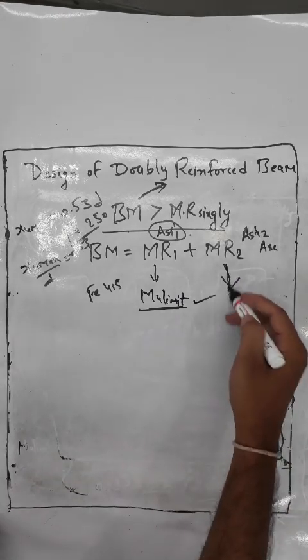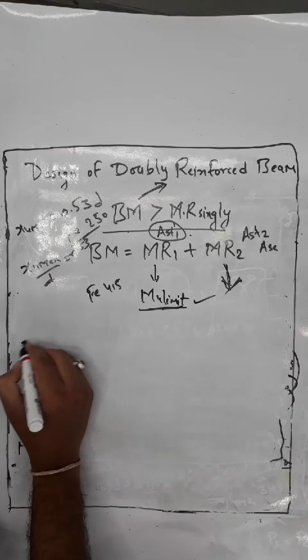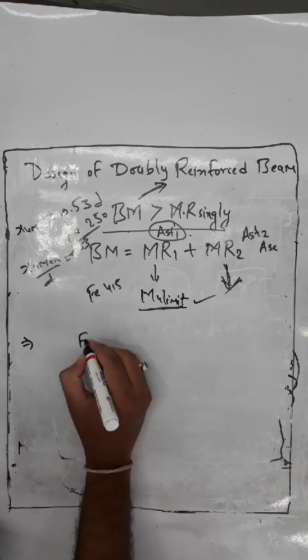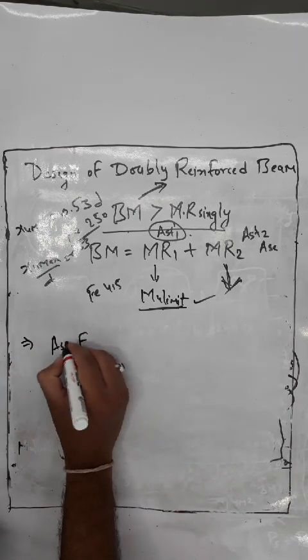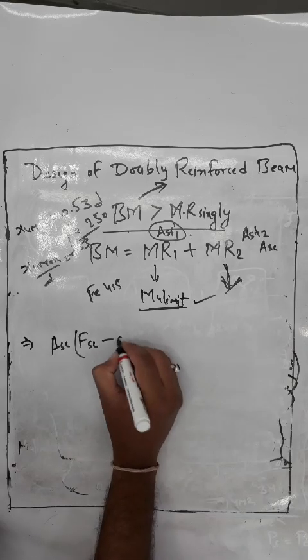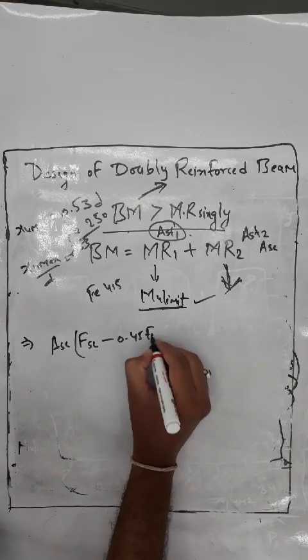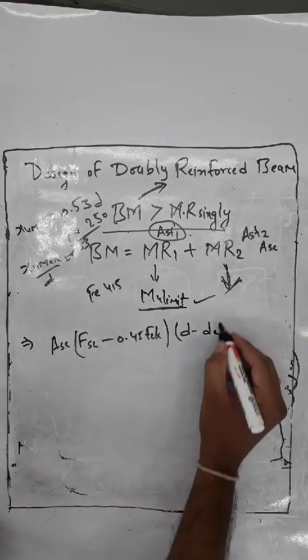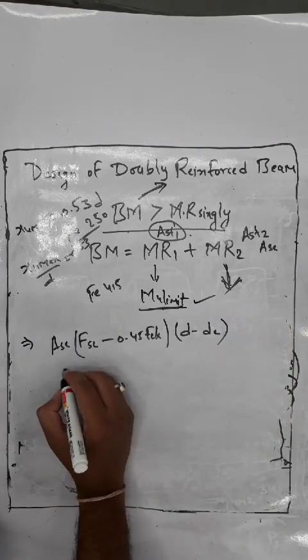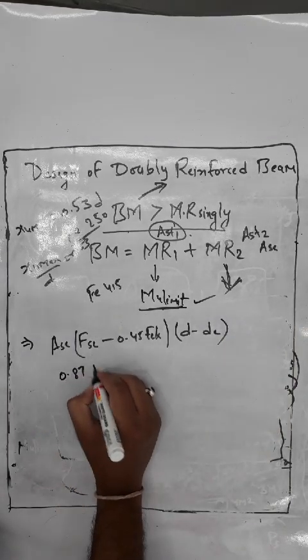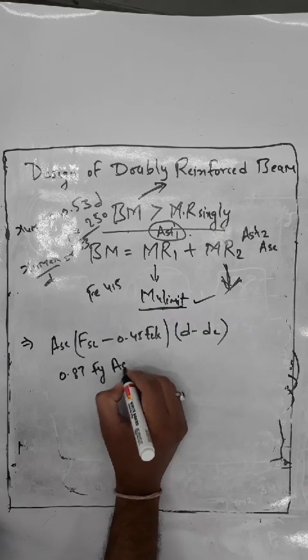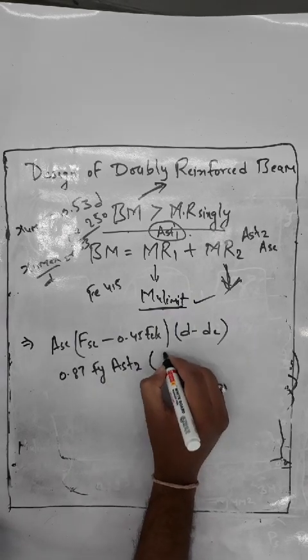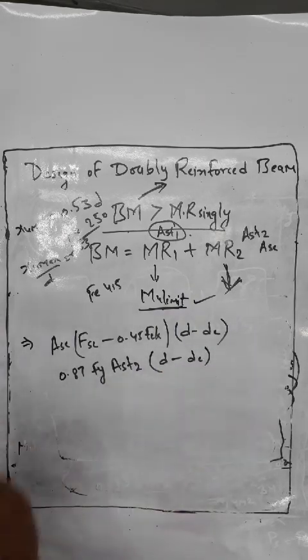For finding the MR2, we know that part 2 equation is ASC FSC minus 0.45 FCK (d minus dc). One equation is that, and one is 0.87 Fy AST2 (d minus dc).